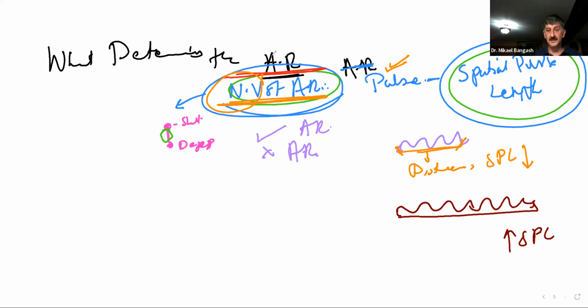So this spatial pulse length, whether short or long, is going to determine whether you will have a lower numerical value for the axial resolution, or whether you will have a great numerical value for your axial resolution. So what is the relationship between the numeric value and the spatial pulse length? Is it direct? You can put it that way.